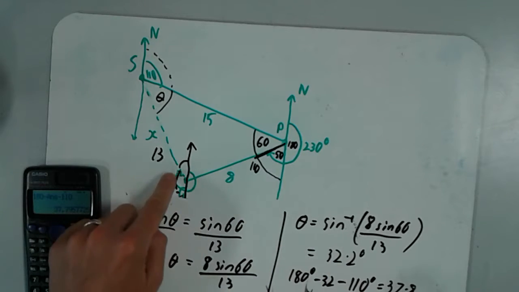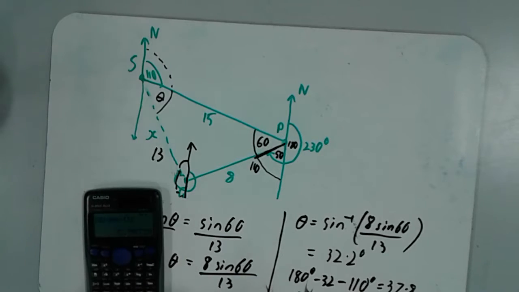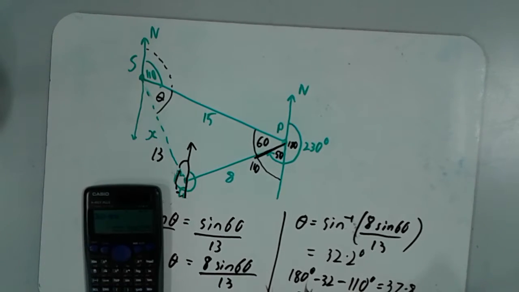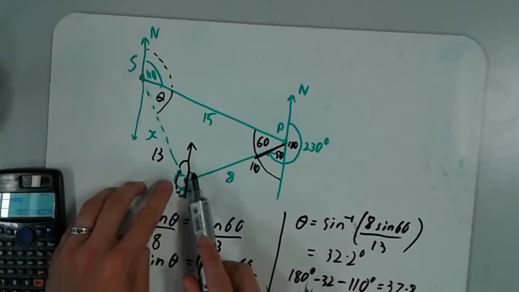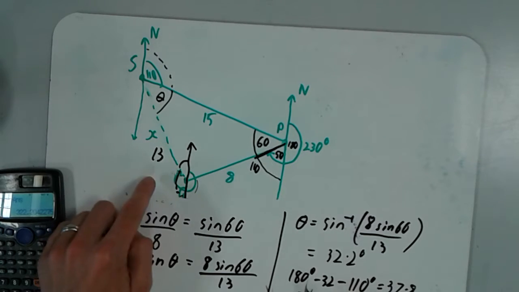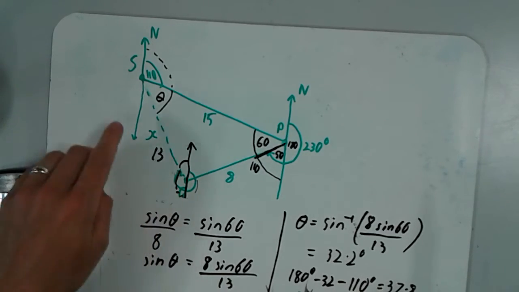So 360 minus that gives us this angle. I could have just added 180 to those two to also find this bearing. But we've answered the question. 322.2 degrees to go from Q back to S.